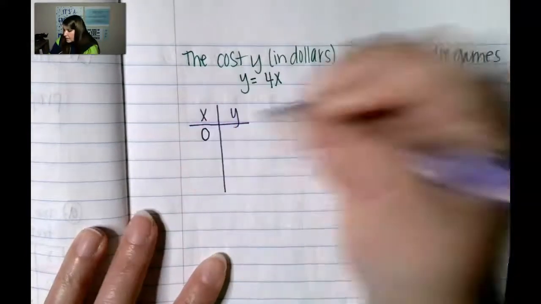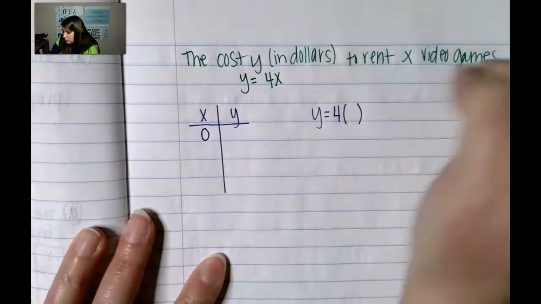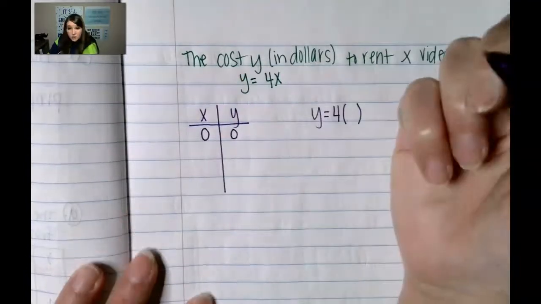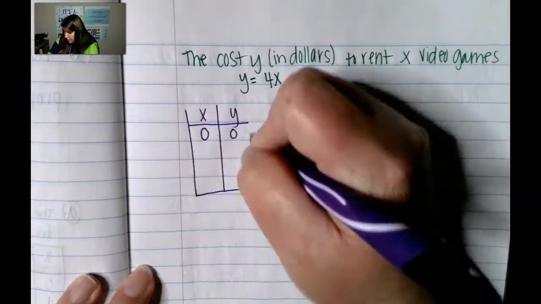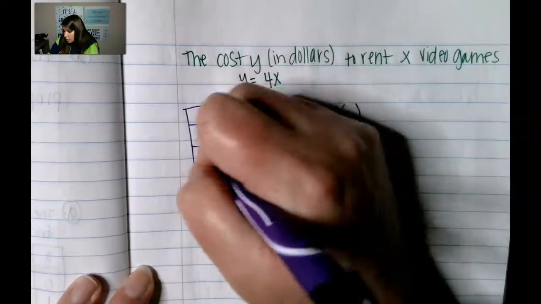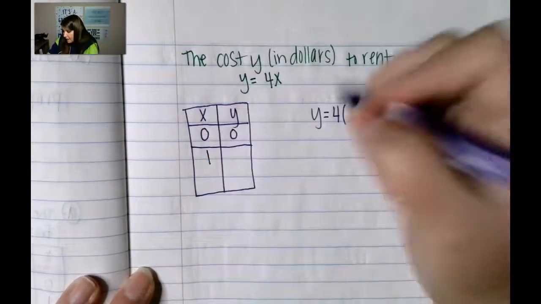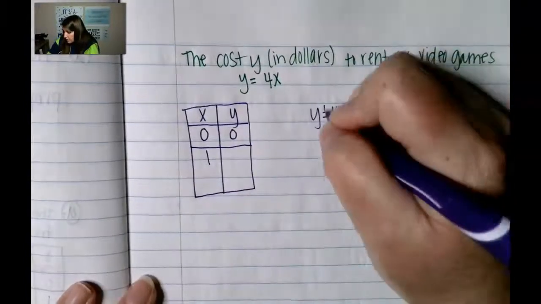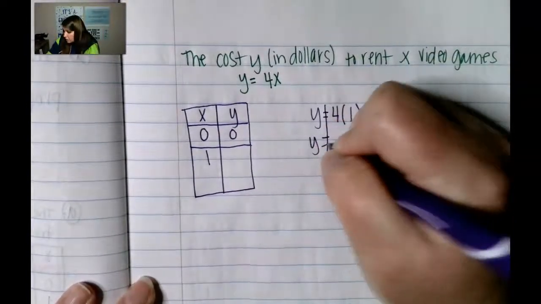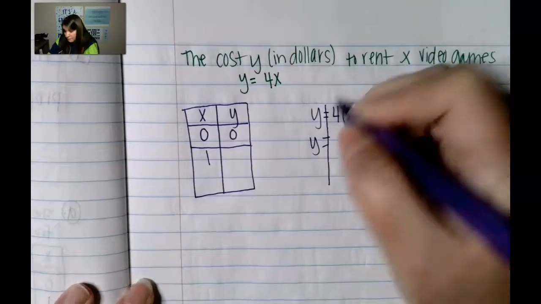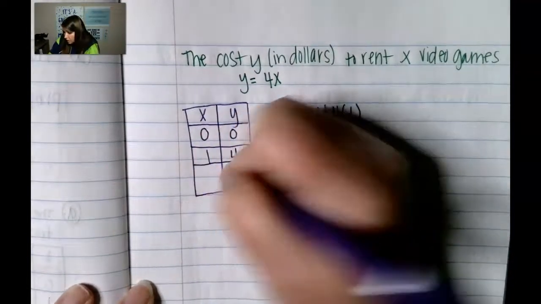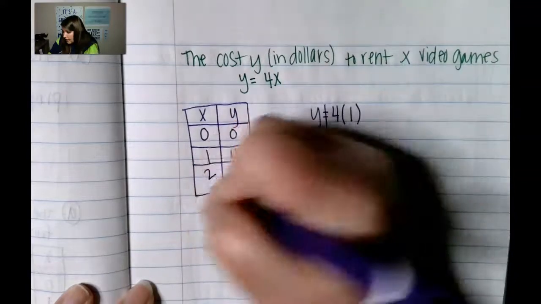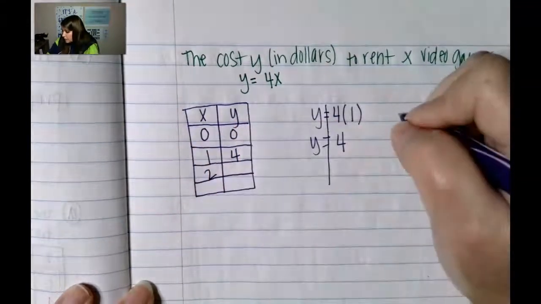So when I rent 0 video games, I pay $0. That's the first one. When I rent 1 video game, how much am I going to pay? So y equals 4 times 1 video game, which equals $4. So I pay $4. Okay, what about when I have 2 video games?